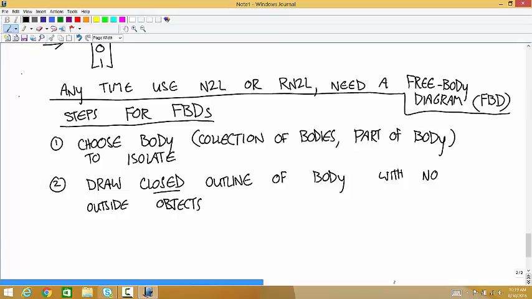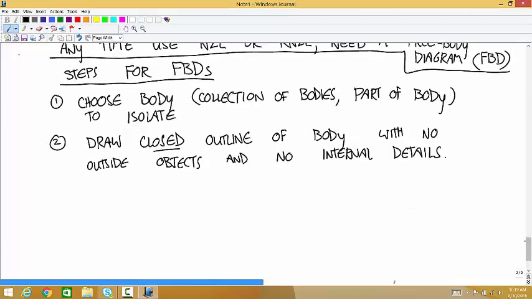All you want is the outline. So for example, you want to do a Newton's second law calculation involving this car.